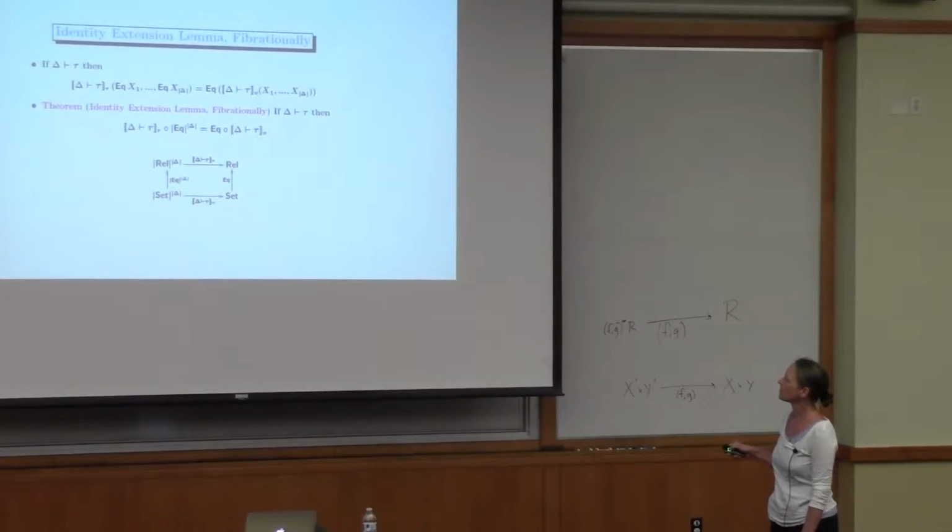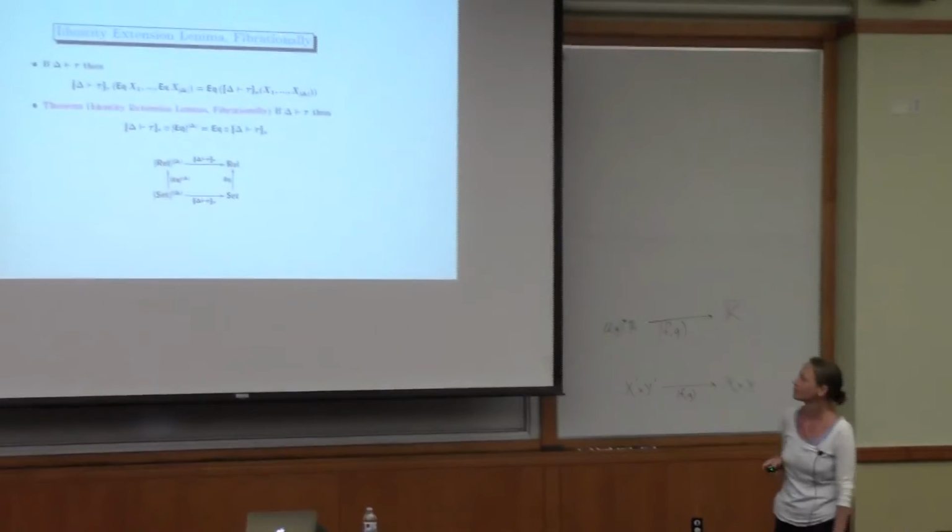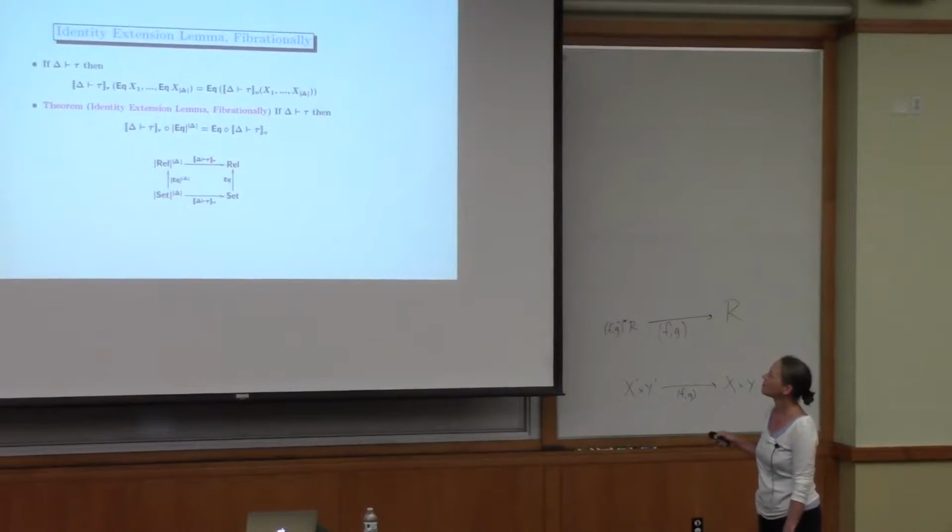I get the same thing as if I started down here with those sets, interpreted tau with respect to those sets, and then formed the equality relation at the top. So going this way is this side, and going that way is this side. Okay? And these guys are the same. This is just written compositionally, and that's written pointwise.